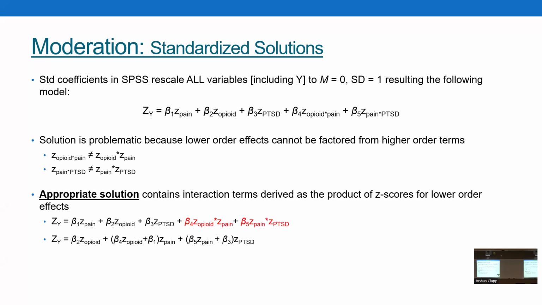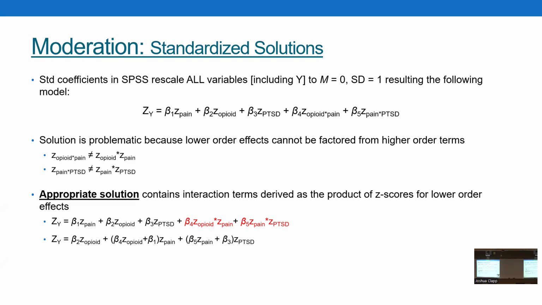And then rerun a standardized model where you're regressing the z-score of your outcome onto the z-scores and your z-score interactions in order to appropriately get this. Because with this model, now I can restructure that model to get these components out appropriately. I can't do that based on what SPSS is giving me, okay?